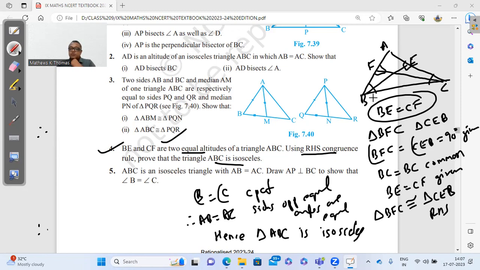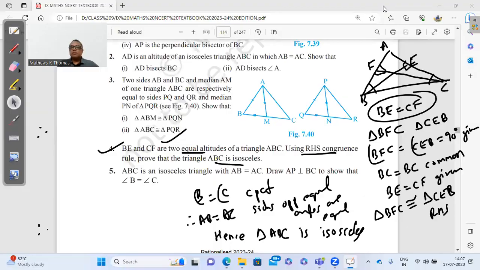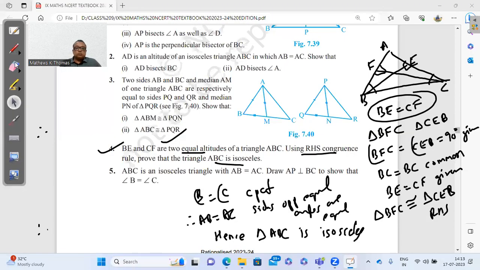So AB equal to AC, and if AB equal to AC, then we can say the triangle is isosceles. I hope you have done this. Question number 4, BE and CF equal altitudes, using RHS, we prove the triangle isosceles.